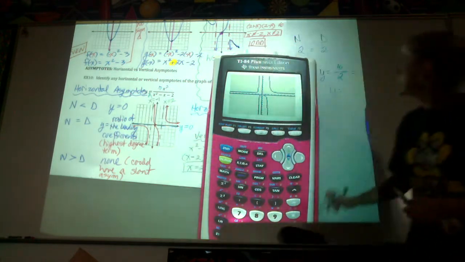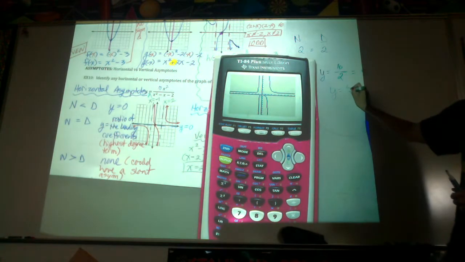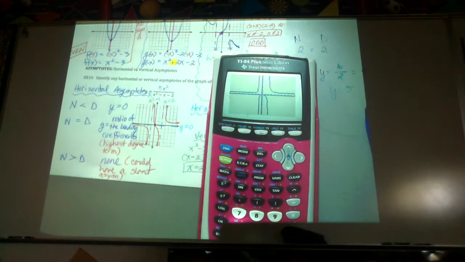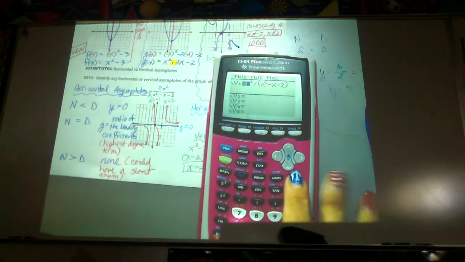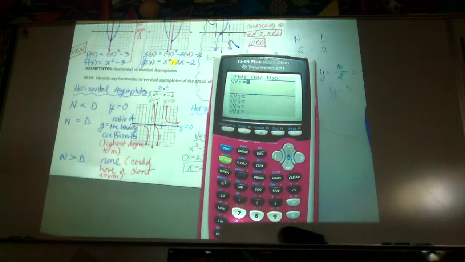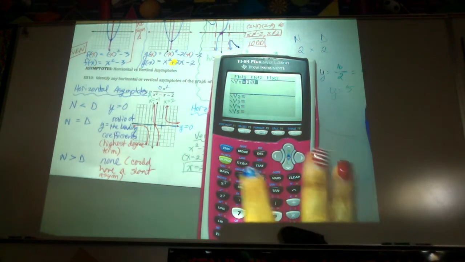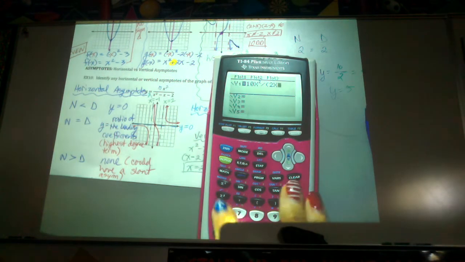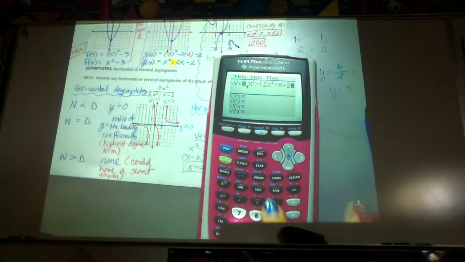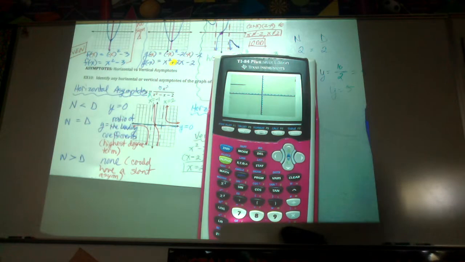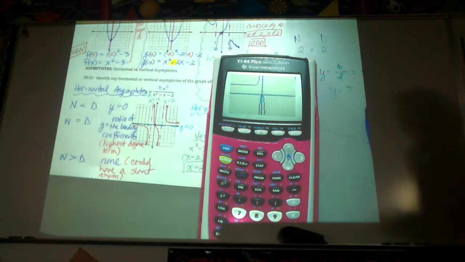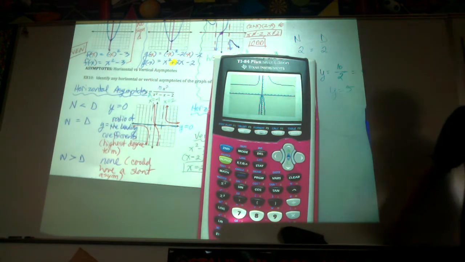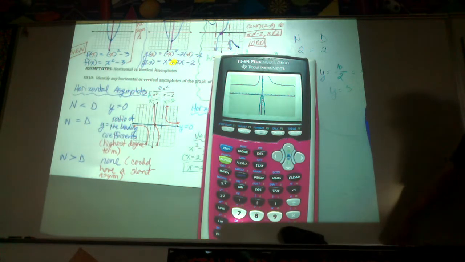So doesn't that give me 5? Let's make those changes into y equals. So 10 x squared is definitely approaching y equals 5.